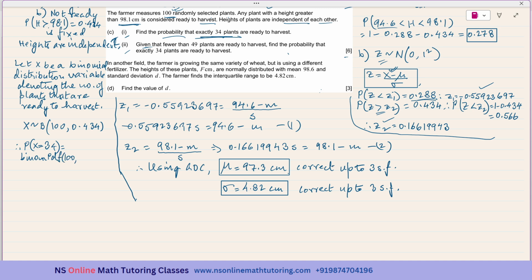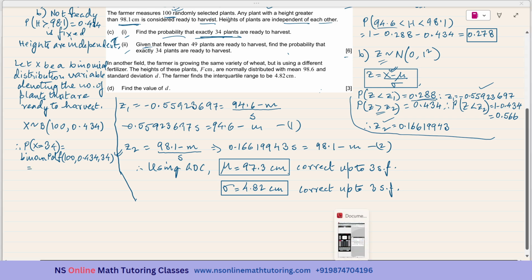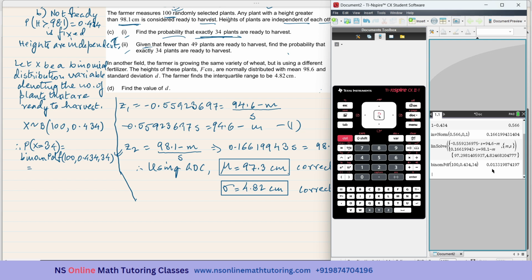100 and 0.434, 34 is equal to, if your time permits, you write this, is equal to 0.0133.